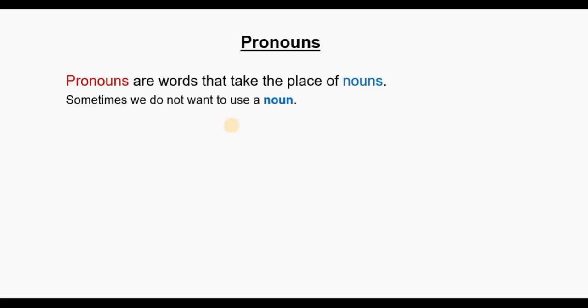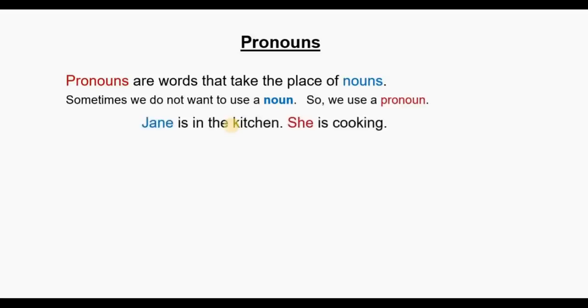Pronouns. Pronouns are words that take the place of nouns. Sometimes we do not want to use a noun, so we use a pronoun. Example, Jane is in the kitchen. She is cooking. Here we can see Jane, this is a noun, and she's in the kitchen. But in the second sentence, we don't want to repeat the word Jane because it doesn't sound very good.